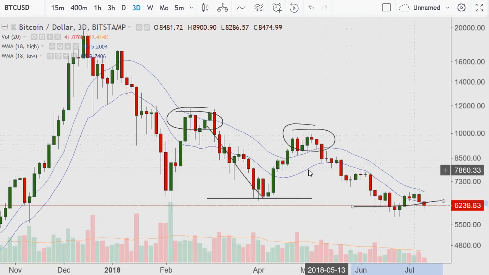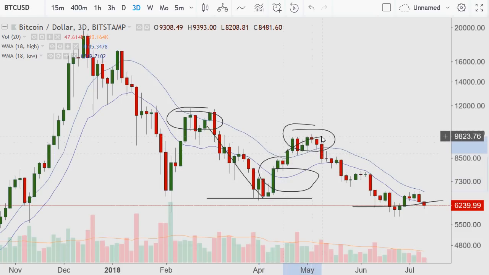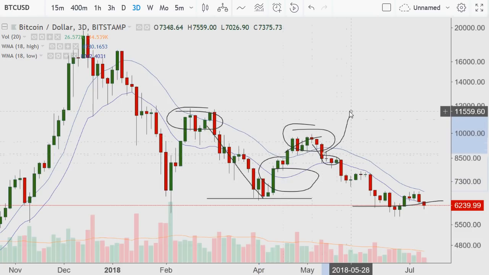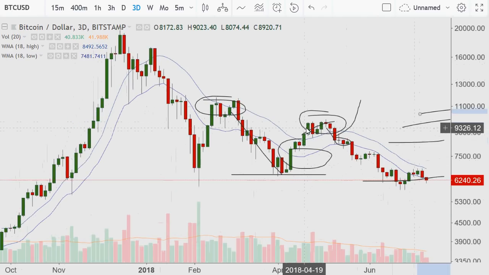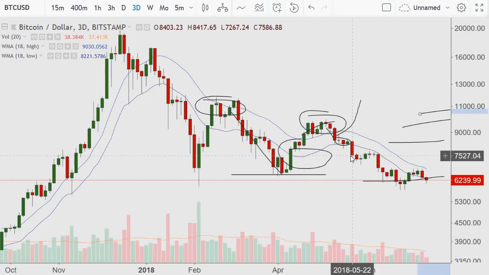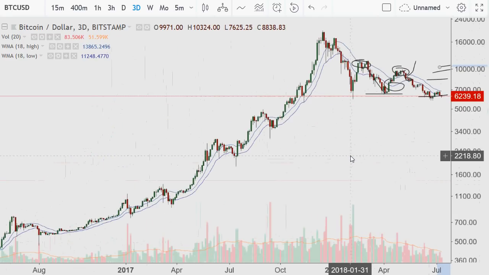So I need to see the 18 average do things like flatten out, get above it, come back, break it all, and it's got a long way to go before the eventual price is going to be very expensive. And you're still not guaranteed, even though you see a confirmed bull market, that it's not going to be a fake out. But most times you're going to be safe.